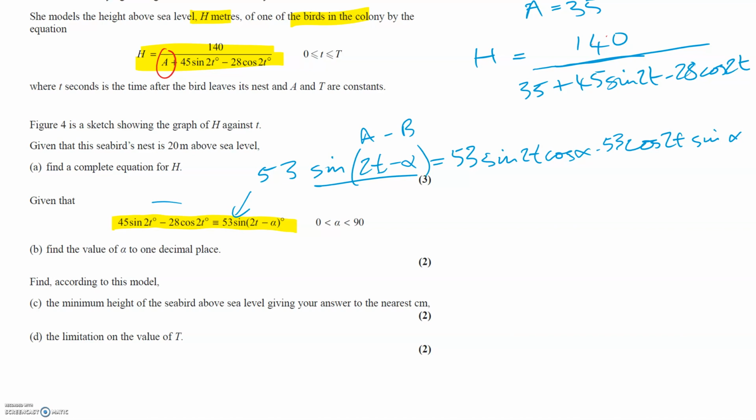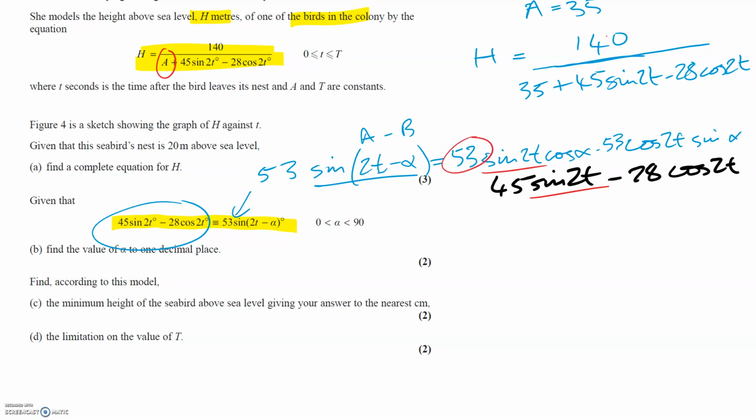And in the question, we're given this information. So if we write that down underneath, we've got 45 sine 2t minus 28 cos 2t. And we've done lots of these questions before. We know that sine 2t and that sine 2t, so that means that 53 cos alpha is going to equal 45.